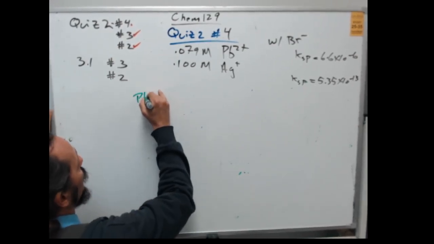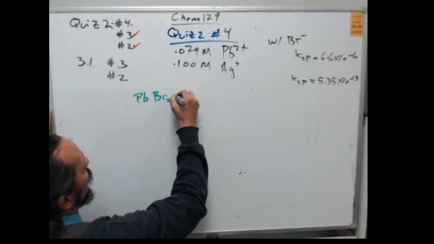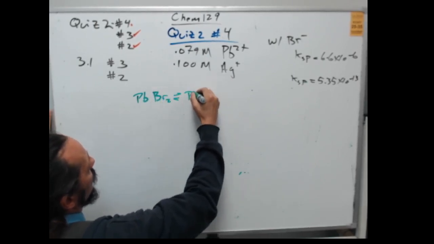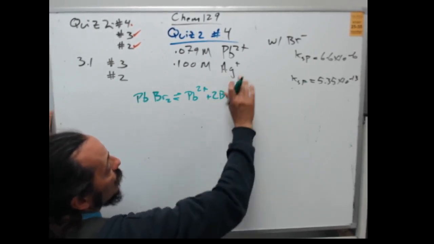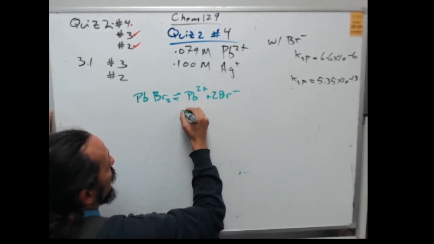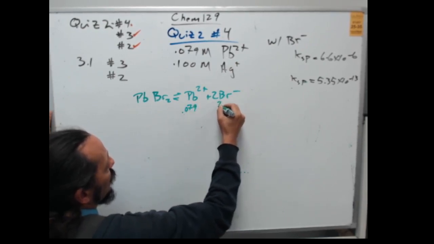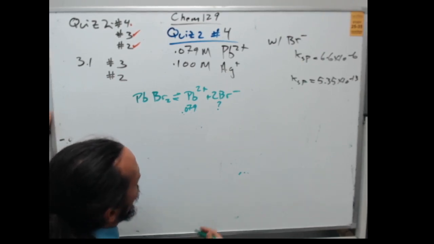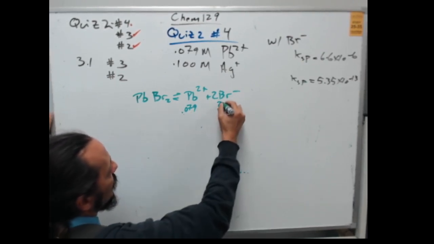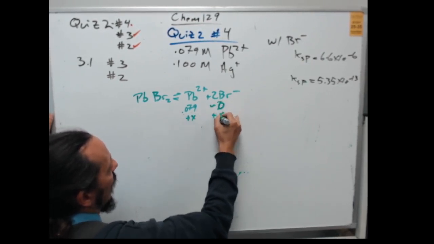I'm going to do PbBr2 going to Pb2+ plus 2Br-, using common ion effect where I've got 0.079 molarity there, and I've got a molarity I'm trying to figure out here. That molarity I'm trying to figure out, I'm going to say it's approximately 0 to start. Then I have my plus x.